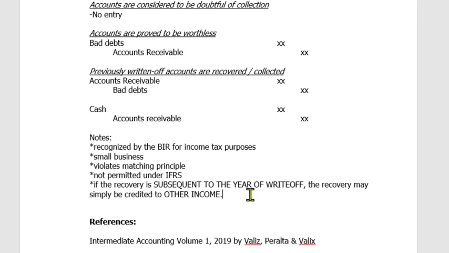So I think that ends the discussion on the accounts receivable. I will be having next parts related to receivable pa rin, yung estimation of doubtful accounts, receivable financing, notes receivable, loans receivable. So maraming topic related to receivable pa ang i-discuss natin. So this is just, kumbaga, an introduction to what receivable is all about.